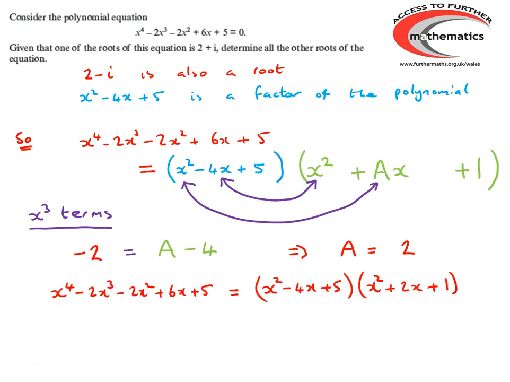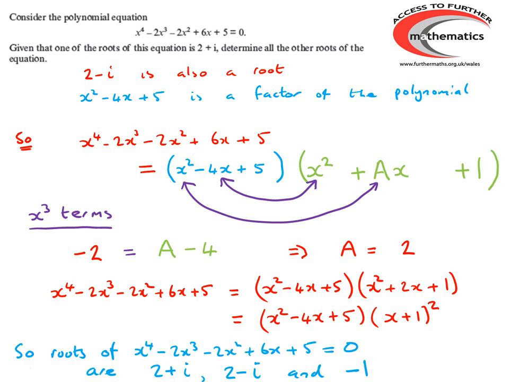So I've now got my factorisation. x to the 4 minus 2x cubed minus 2x squared plus 6x plus 5 is x squared minus 4x plus 5 times x squared plus 2x plus 1. In other words, I've got x squared minus 4x plus 5 times x plus 1 squared. So we know that the roots of x squared minus 4x plus 5 equals 0 are 2 plus i and 2 minus i.